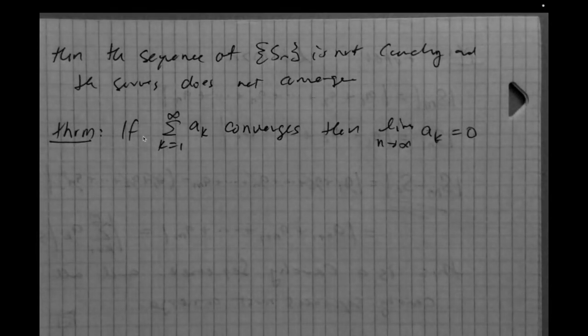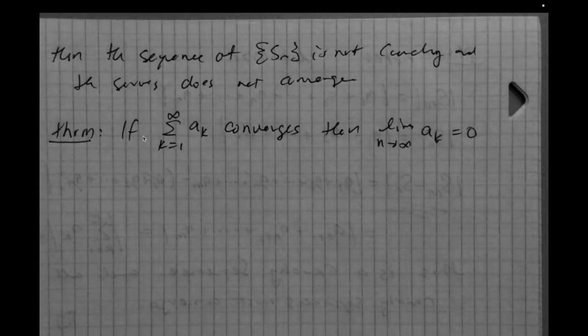Again, this is hopefully kind of obvious. If the series converges, then the terms must become arbitrarily small. It can't keep adding big numbers together and have the series converge. If I add an infinite number of numbers together, they're going to have to get very, very tiny very quickly in order for the series to not blow up. And that's what this theorem is saying.